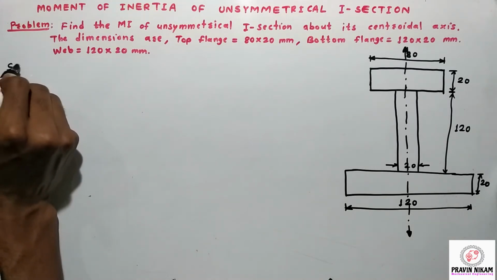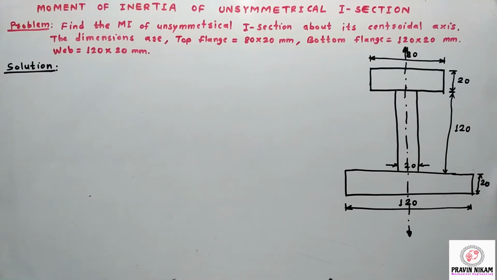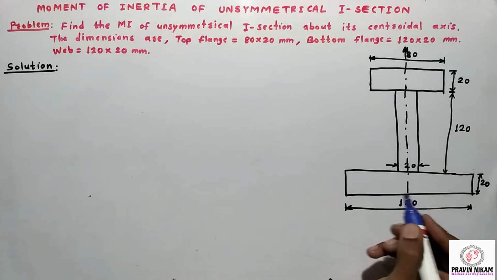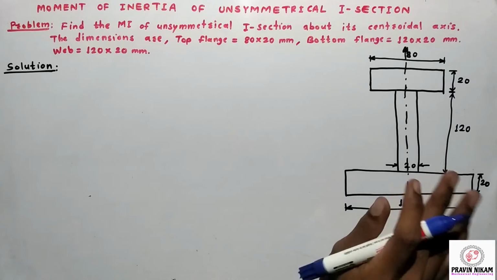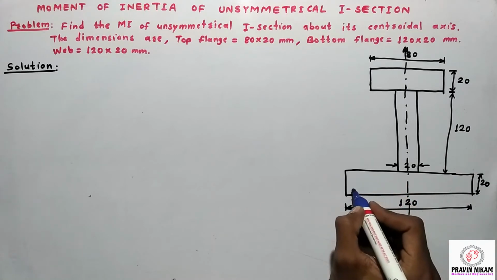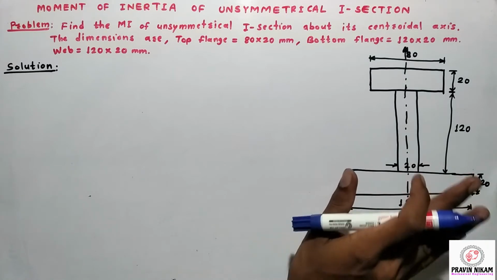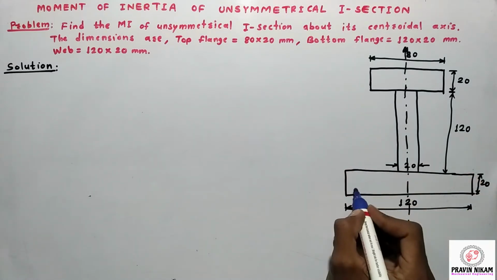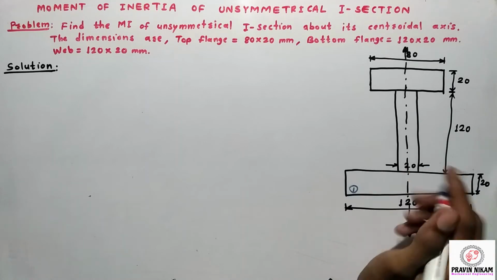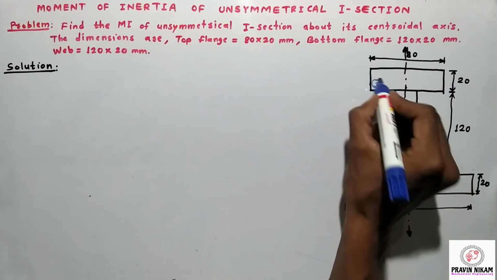So solution: let us find first the centroid of this section. For that, find out x1, x2, x3. Now the first step in the solution of moment of inertia of this unsymmetrical I section is to split up this section into the minimum number of basic sections. So this is rectangle 1, this is rectangle 2, and this is rectangle 3.